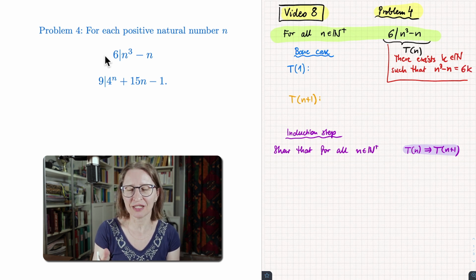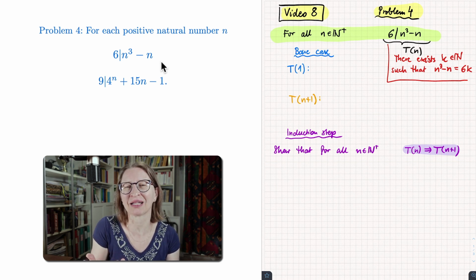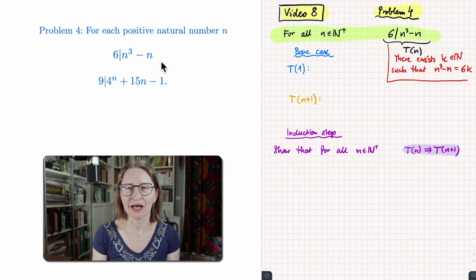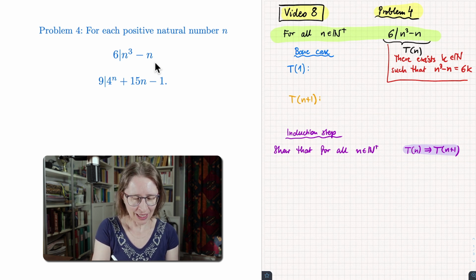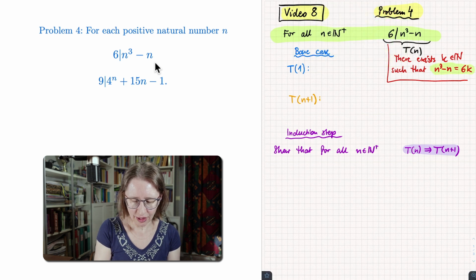This is how we can write down in a more mathematical way that n to the third minus n is divisible by 6. So this number is a kind of multiple of 6, and this multiplicity is given by number k. Well, of course, this is also a mathematical way, but this new way is just easier to work with in computations.